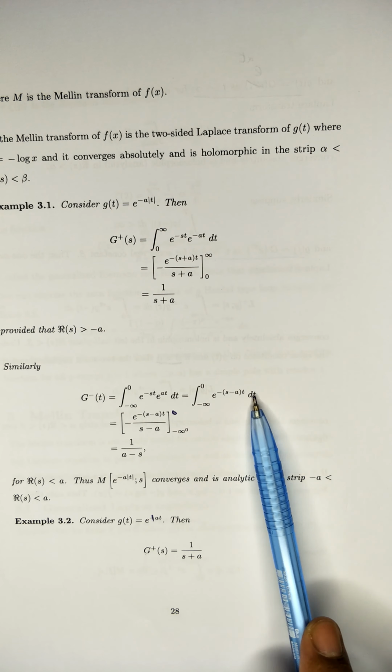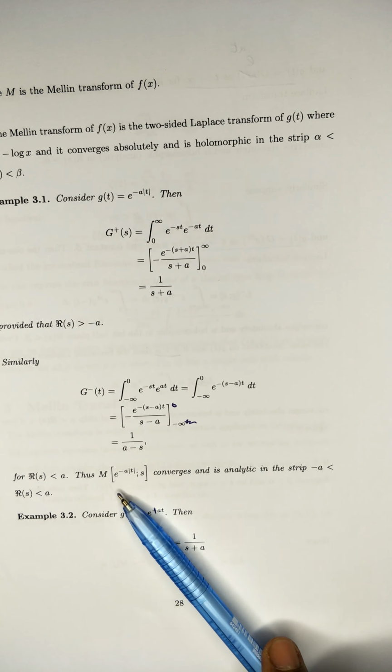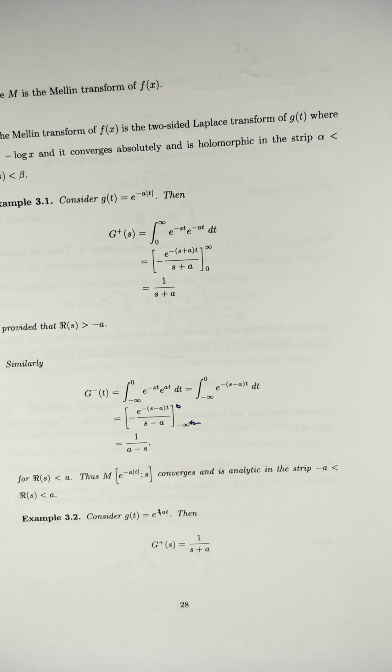Then you have 1 over a minus s for real part of s less than a. Thus the Mellin transform converges and is analytic in the strip of that. Remember the relationship between the Mellin transform and the Laplace transform. That's why we're looking at the Laplace transform. So the relationship between the Laplace transform and the Mellin transform, we have it here.